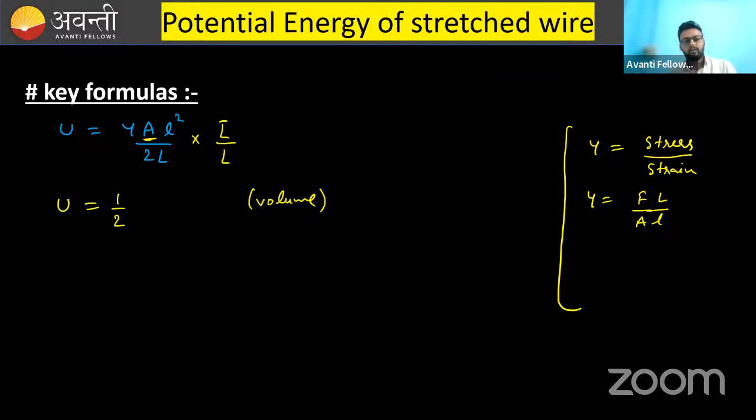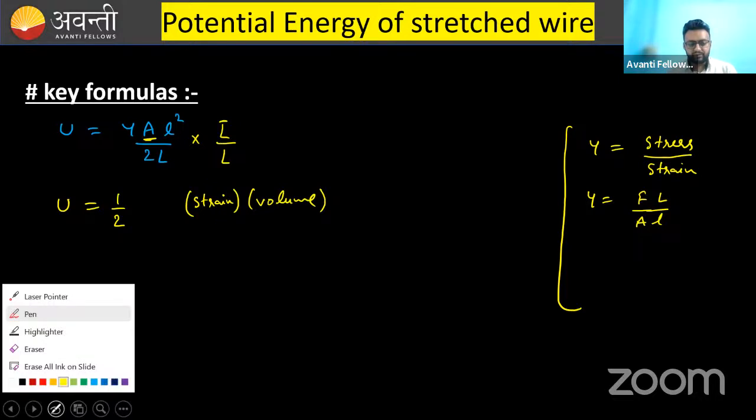Clear? Now, have a look at that. This small l upon capital L is what? Small l is the change in the length. Capital L is the original length. So change in length upon original length is what? Strain. So it will be strain. I hope you can listen to those things.